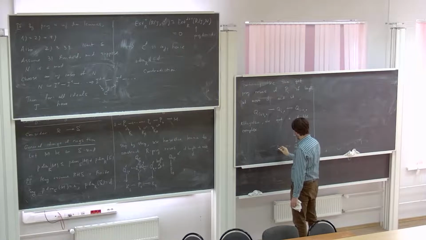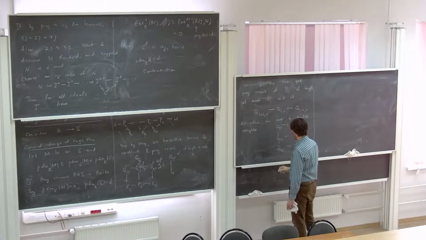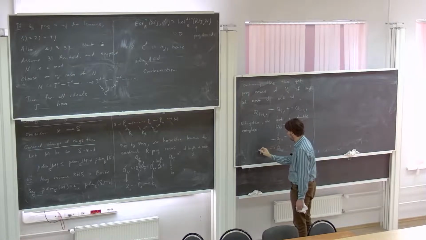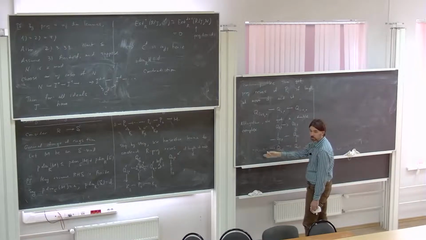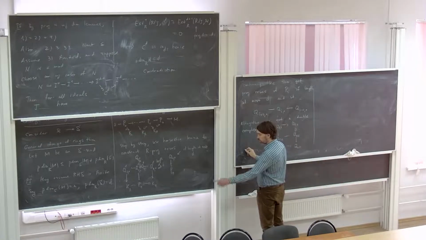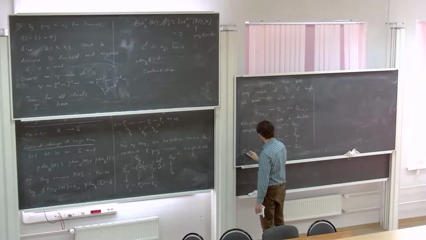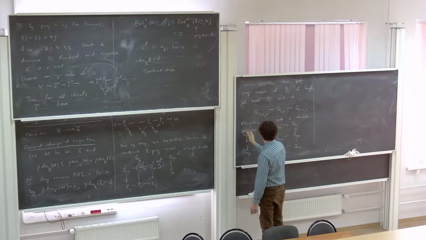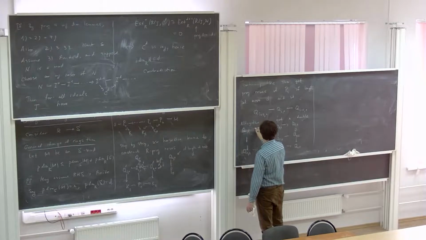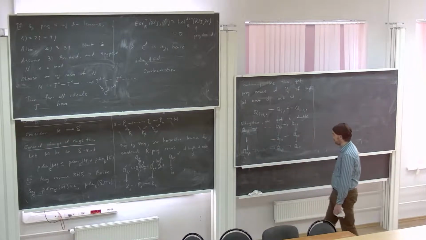Here I'll have Q1,0, Q1,1, and so on, up to Q1,D. So each of these columns is the resolution of P0, P1, P2, and so on. The last one is the resolution of Pn. This is Qn,0 up to Qn,D. Okay, so I get a double complex like this.